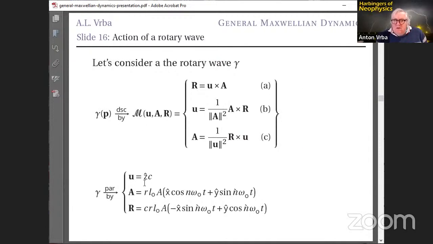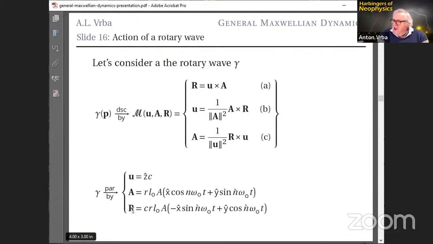So basically, repeating these equations again. We've got the rotary wave as we discussed earlier. If we look at A, I've got here R, which is a unitless constant.